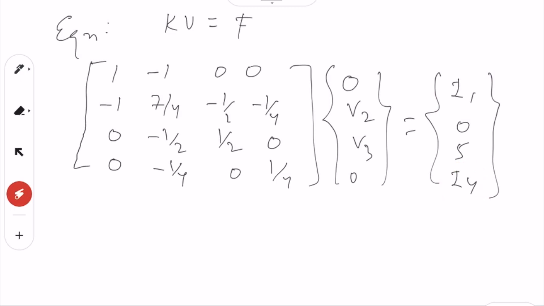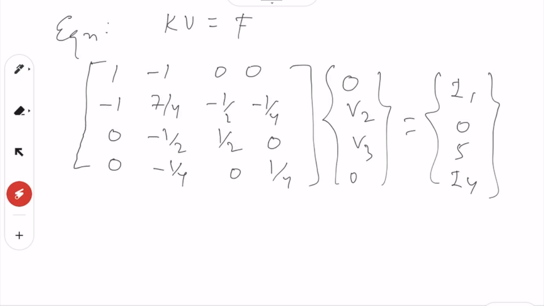This is not good, because we have to find out v2 and v3, so we don't need this. We don't need the first row or the last row, and there is no meaning of the first column and last column. Our equation is simply this portion multiplied by this, equal to this one.